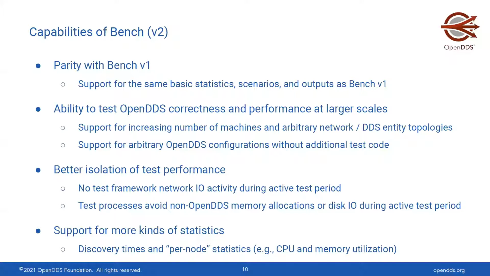And we've taken pains to not introduce performance degrading operations like memory allocations and disk IO in the statistics gathering portions of the tests. And now Bench has support for statistics on things like discovery times, which it didn't before, and also for things like per node statistics. So for example, CPU utilization for the machines that may be running the test processes.